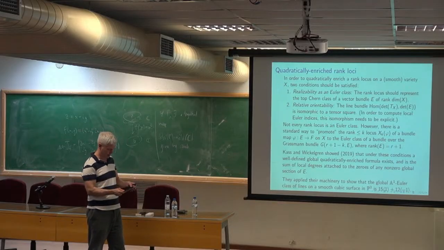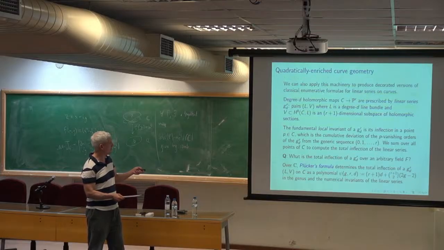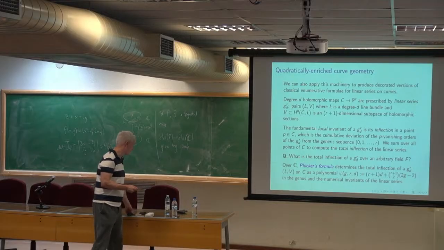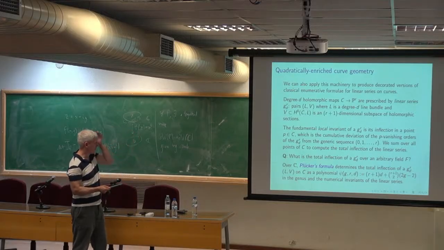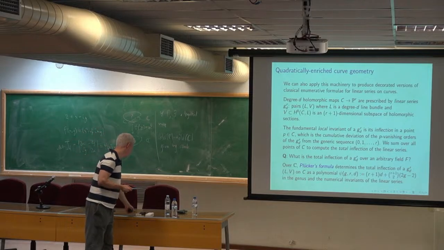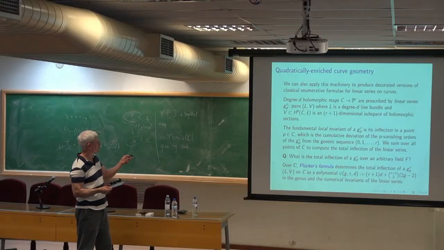Okay, so I'm short on time as ever, but how does my own work fit into this setting? Generally speaking, I'm interested in the behavior of linear series on curves and what this implies about the moduli space of curves. The way that you specify a holomorphic map from a curve to a projective space algebraically is via what's known as a linear series.